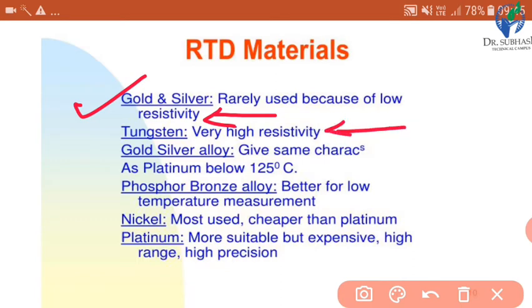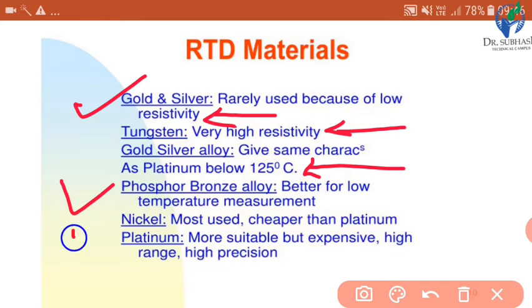Then gold silver alloy: mixing gold and silver gives the same characteristics as platinum below 125 degrees centigrade. Then phosphor bronze alloy, which is better for low temperature measurements. For high temperature measurement, it is not convenient.